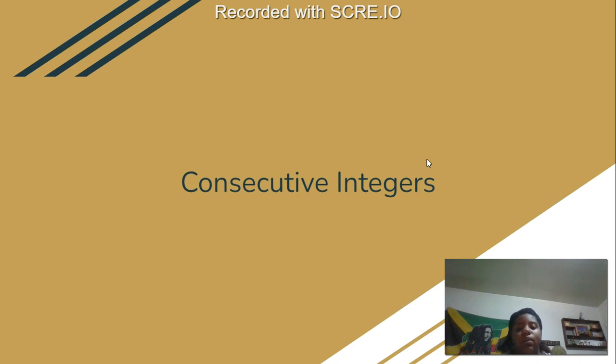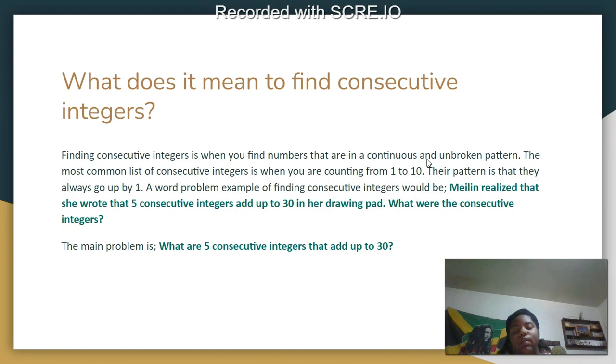Now I'm going to show you how to solve for consecutive integers. What does it mean to find consecutive integers? Finding consecutive integers is when you have to find numbers that are in a continuous and unbroken pattern. The most common list of consecutive integers is when you're counting from 1 to 10.